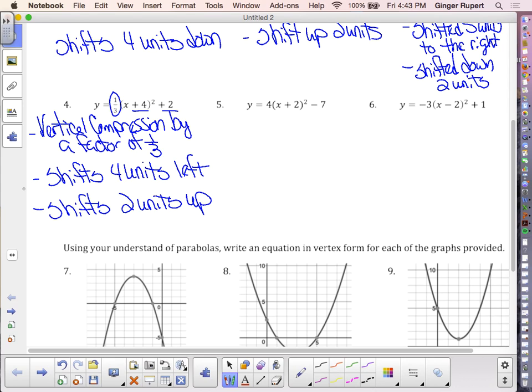Okay, looking at number 5, I have a 4. Remember, if a is greater than 1, it's a stretch. If it's between 0 and 1, it's a compression. So this tells me I have a vertical stretch by a factor of 4.